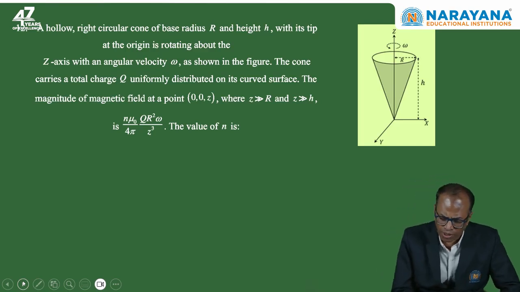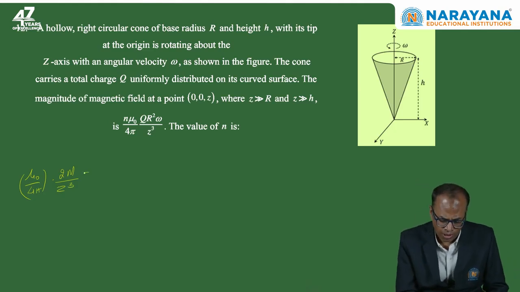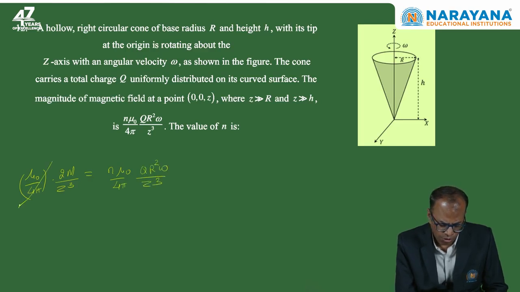So z-axis is the axis of this. So field at a large distance should be mu naught by 4 pi times 2 m by z cube. And I want this to be n mu naught by 4 pi times q r square omega by z cube.